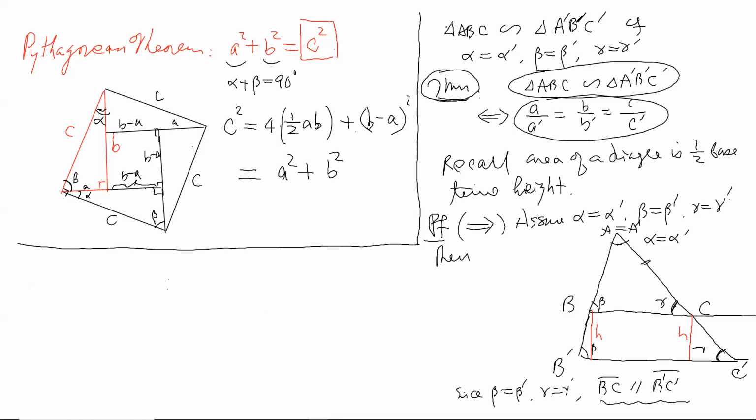So now let's try to see what we can do to show that the ratio relations are true, okay? So what we're going to do is build this extra triangle here. The triangle we're going to build is this triangle here, and another triangle like this, okay?